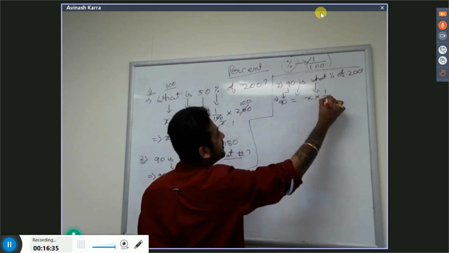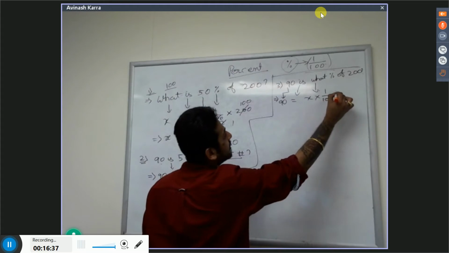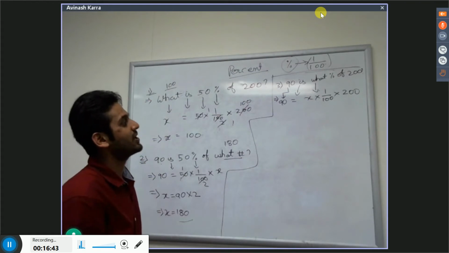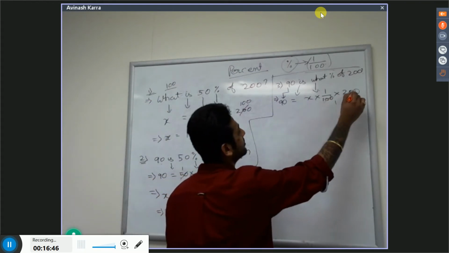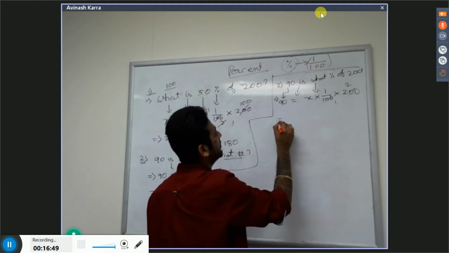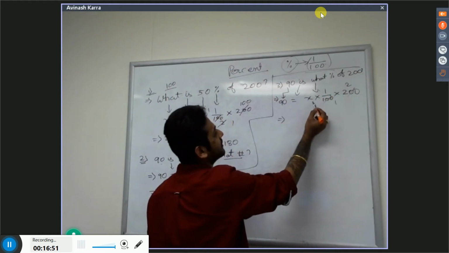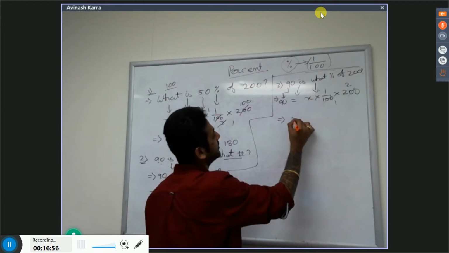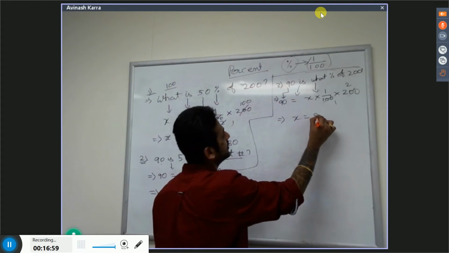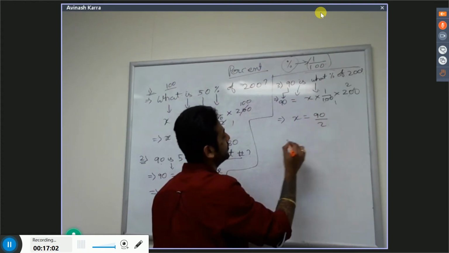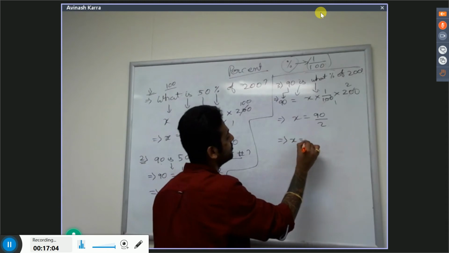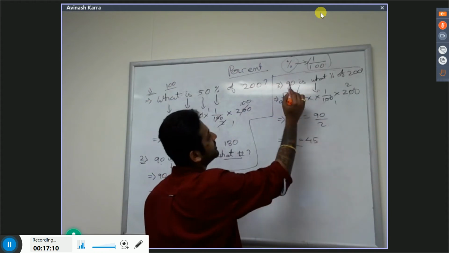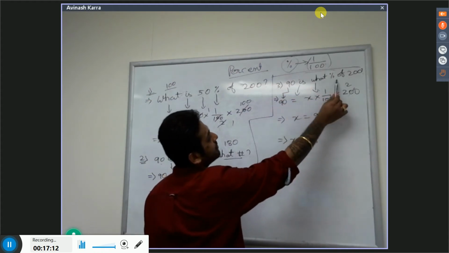Percent is nothing but 1 by 100 of 200. If I simplify this, 100 ones are 100, 200 twos are 400, and here 2 is multiplying on the RHS. If it goes towards the LHS, it divides. x is equal to 90 by 2, so x is equal to 45. So if I substitute here, 90 is 45% of 200.